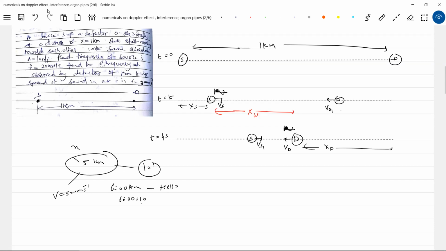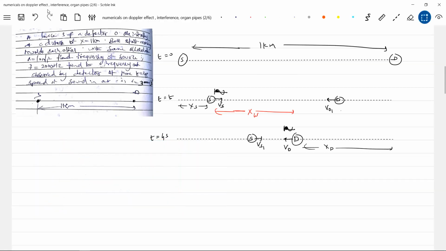First of all, let's come to the Doppler effect. What is the Doppler effect formula? Then we'll come to know what is the unknown thing to be determined. The Doppler effect formula says that when the detector is moving towards the source, F dash is equal to (V plus VO) F divided by (V minus Vs).